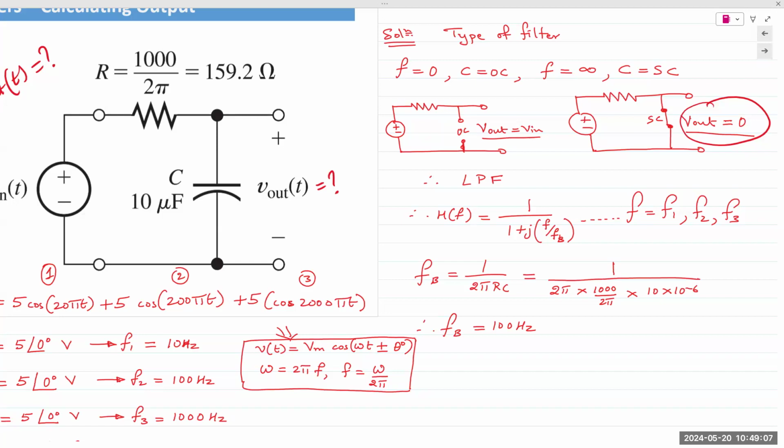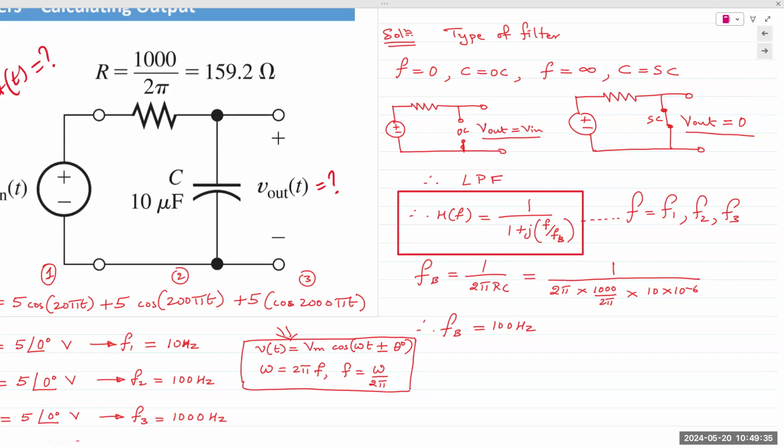And then we go to our tables and choose the equation that corresponds to the low pass filter. For a low pass filter, the transfer function is given by this expression: H of f is 1 over 1 plus jf over fB. It's a standard equation, whether it's RL or RC does not matter.